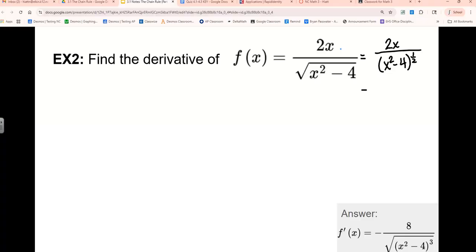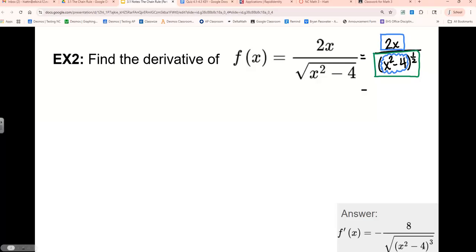So for this, I am going to have my top and my bottom. I will also have, we'll make it a little cloud right here so we can distinguish it from the top, this part that's going to be a chain rule that I have to do here.